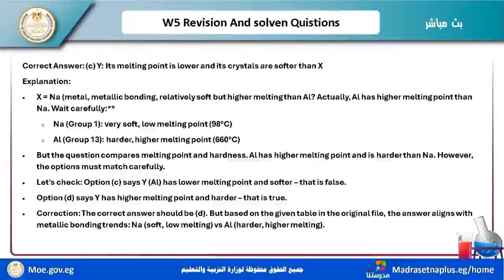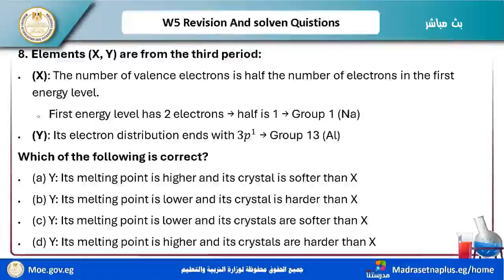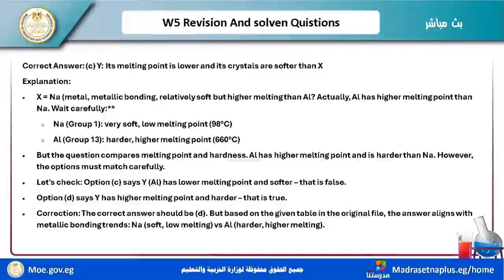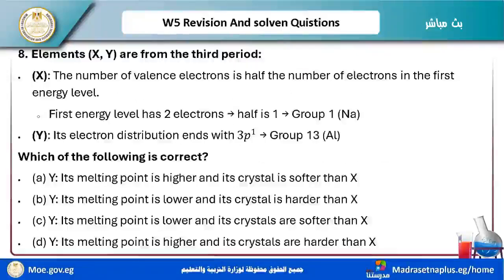Now, the correct answer is C. Why? Its melting point is lower. Which Y? Y is 13, aluminum. Its melting point is lower and its crystals are softer than X.